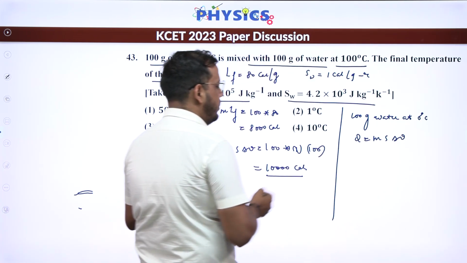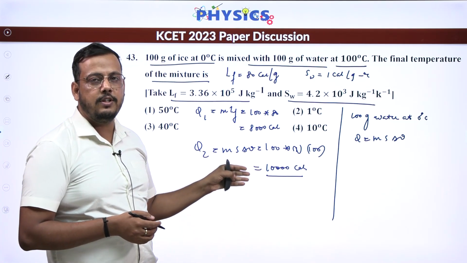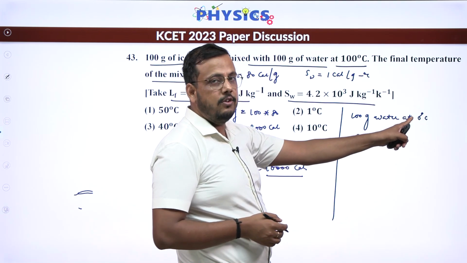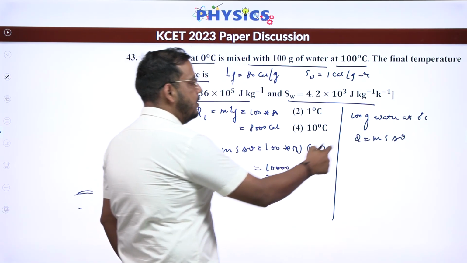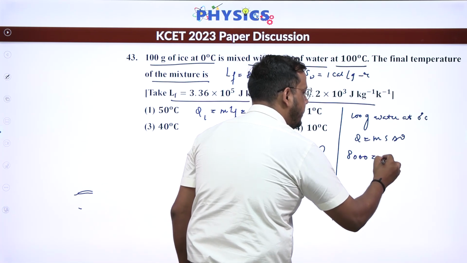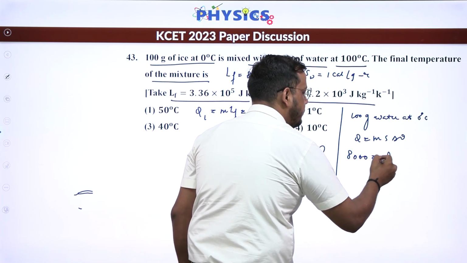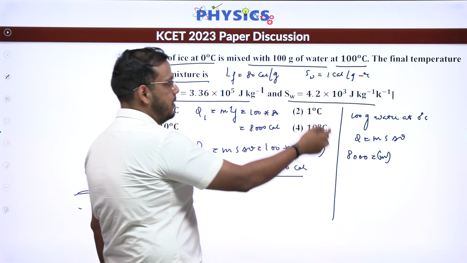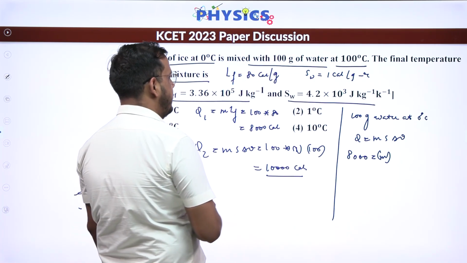Q is how much heat is taken by the ice from the water to become 100 gram water at 0 degree Celsius, so that is 8000. Put Q as 8000 here. Mass is given as 100 gram for water, so we can place mass as 100.